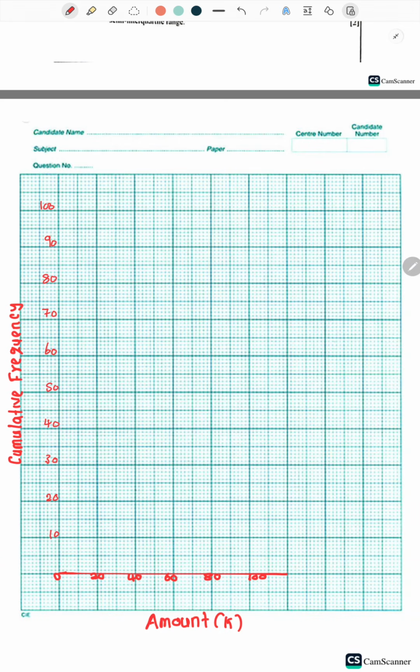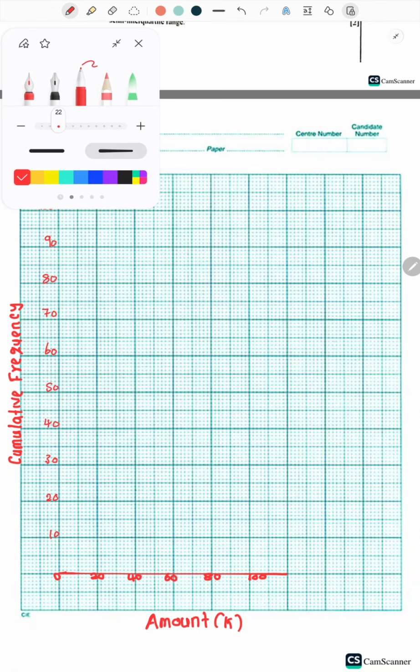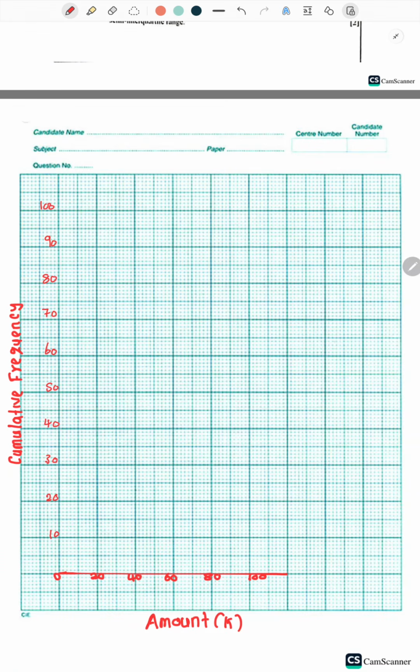Okay, so from there we can graph it. Basically, that is how my graph is going to look.